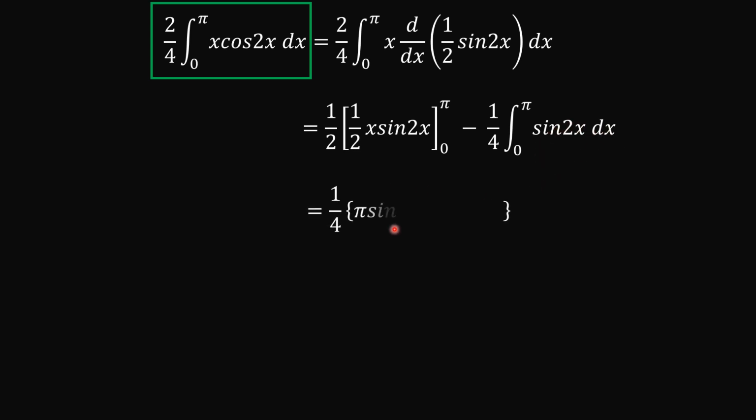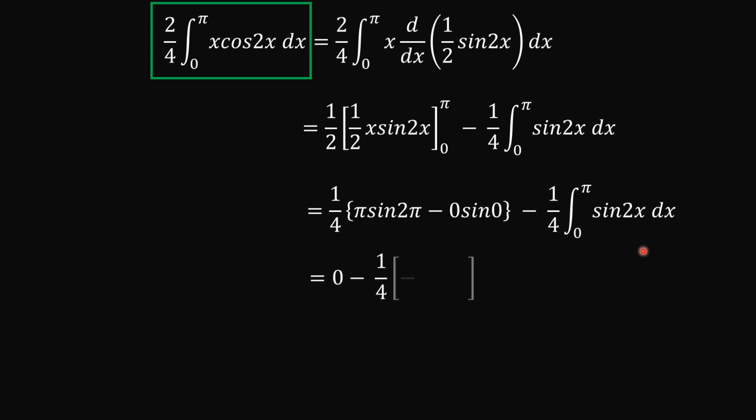So when we now try to solve for this, at the upper limit we have pi times sine of 2 pi, sine 2 pi is 0, so this entire term goes to 0. In the lower limit we have 0, sine 0, so this is 0, so this entire term is 0. Now we're left with minus a quarter integral of sine 2x, which is the same as negative a quarter times minus cosine of 2x here.